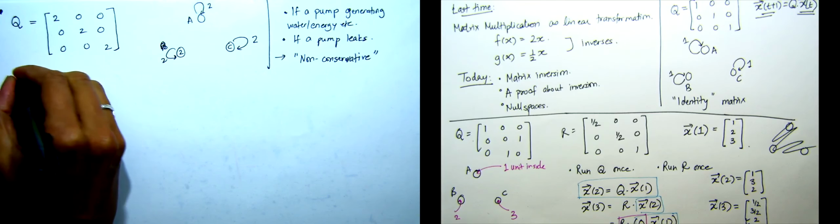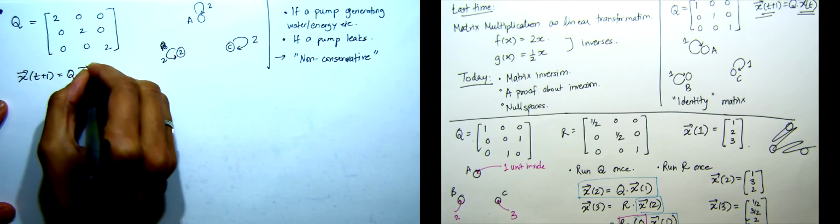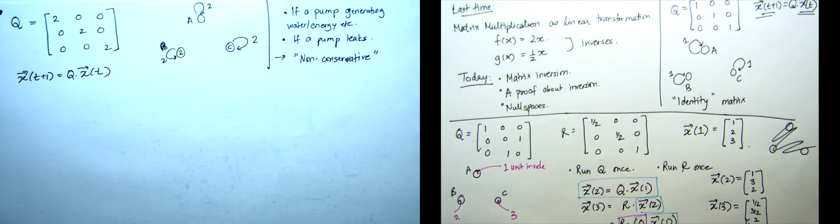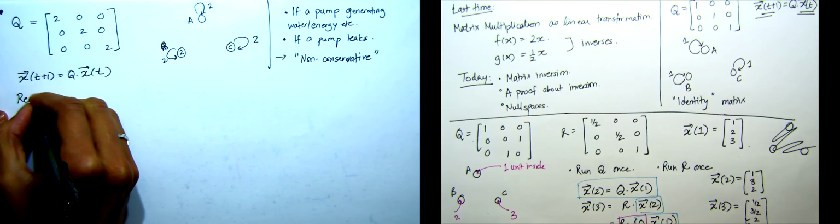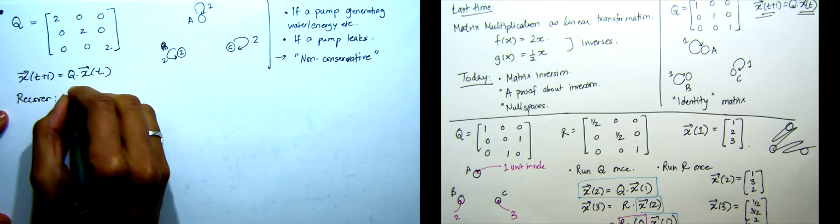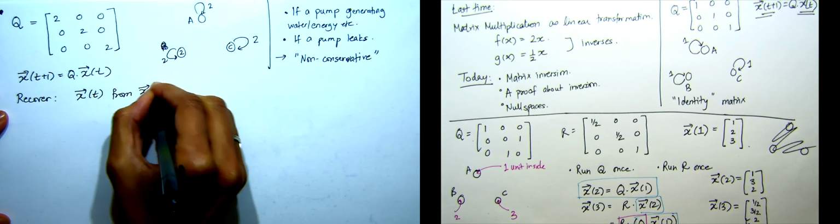But now that we have that terminology out of the way, I have here that x at time t plus 1 is equal to Q times x of t. And I now, again, want to recover x of t from x of t plus 1.